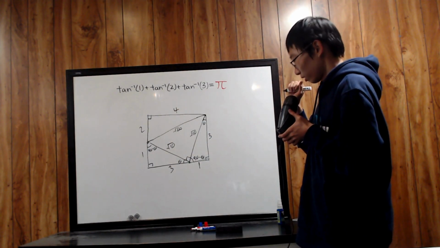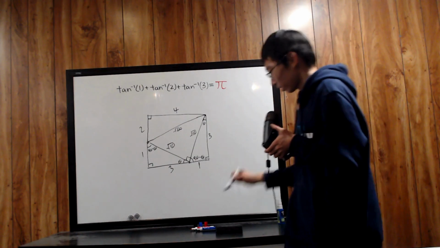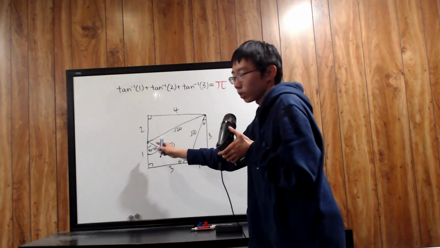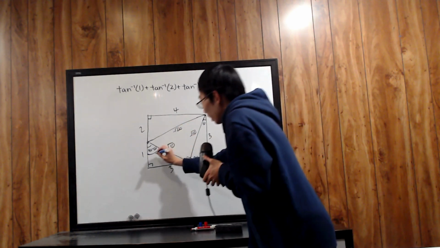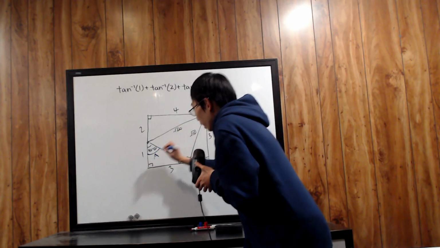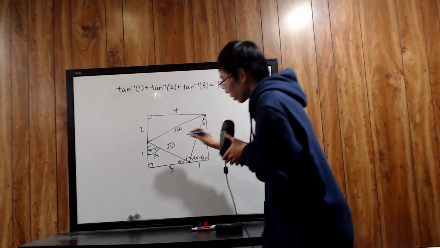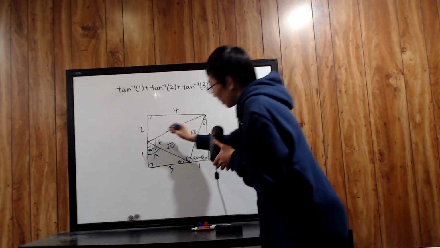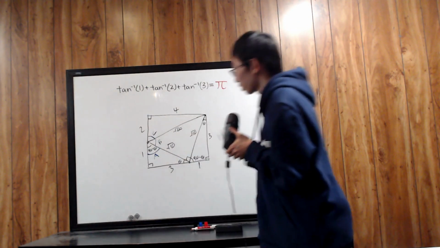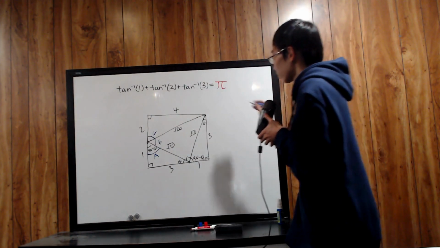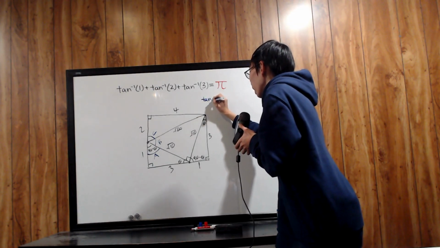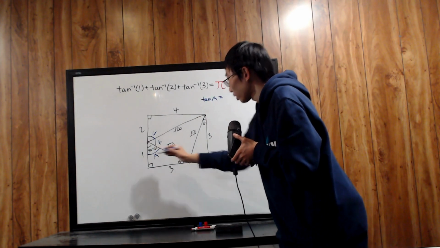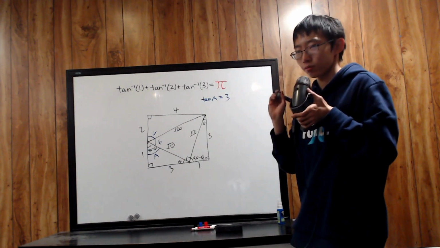Now, this is where the magic happens. If we were to take this angle, I know it's labeled 90 minus theta, but ignore that for a second. If we were to take this angle and label it A, and if we were to take this angle and label it B, and if we were to take this angle and label it C, then consider this. What's the tangent of A? The tangent of A is opposite divided by adjacent. 3, right?